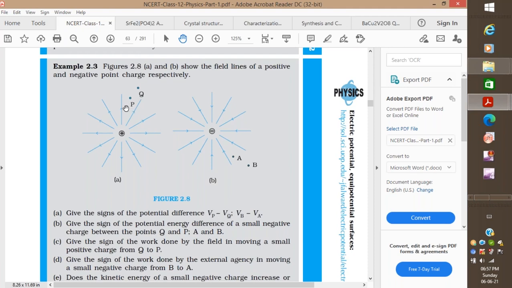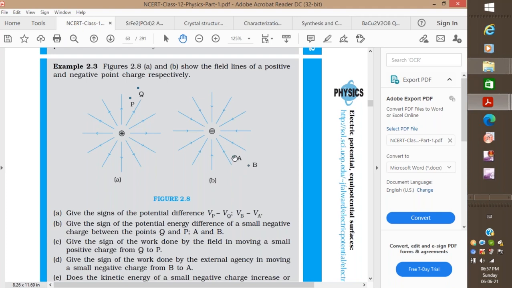There are 2 points in this case, Q and P. What is the sign of this potential, P minus Q? Whether VA minus VB or VB minus VA is positive or negative. In this case, negative, right? This is the negative one.